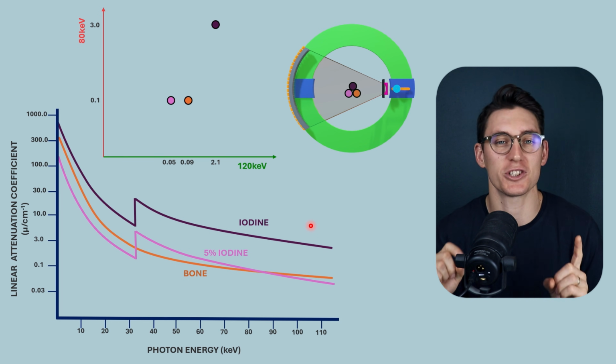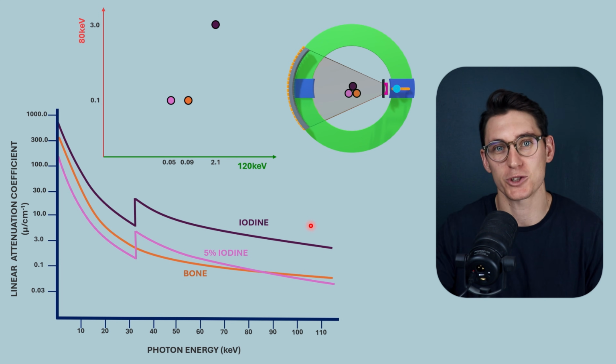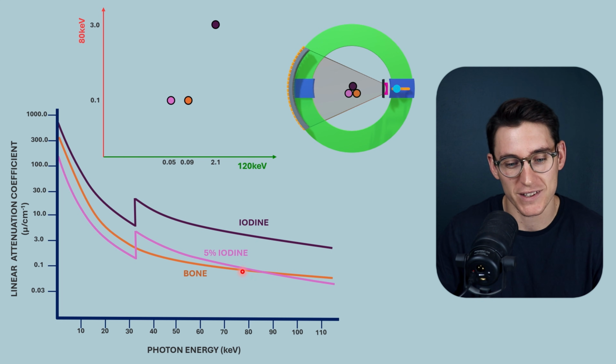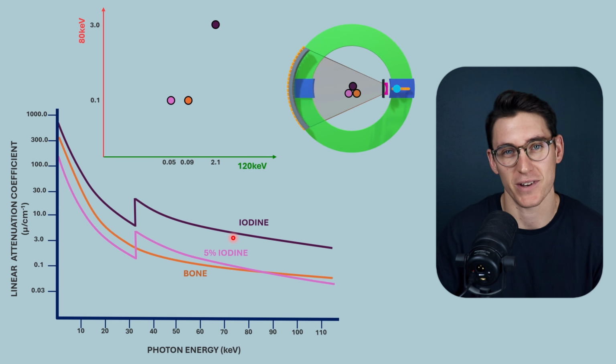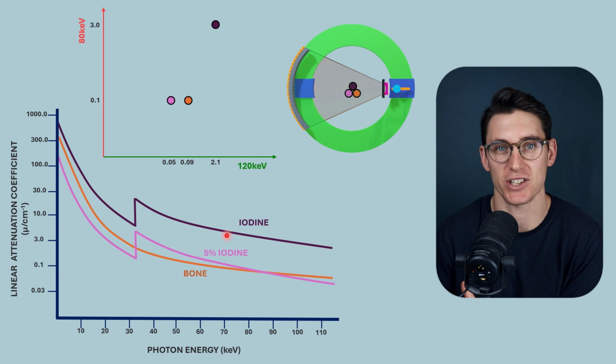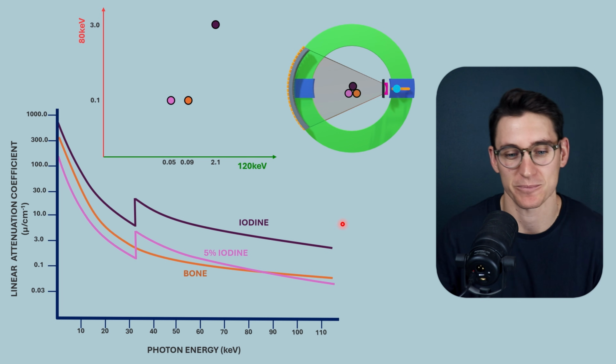The rate of change is going to be different for different tissues within the body because of their constitutional makeup, because of the rates of the photoelectric effect versus Compton scatter. In bone, a lot of this attenuation is due to Compton scatter. In iodine, a lot of it is due to the photoelectric effect. Compton scatter is less dependent on incident photon energy as opposed to the photoelectric effect. That provides these differences here.